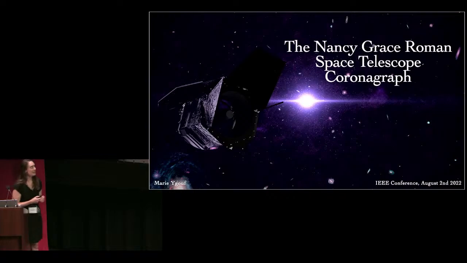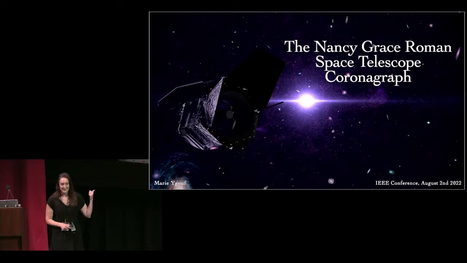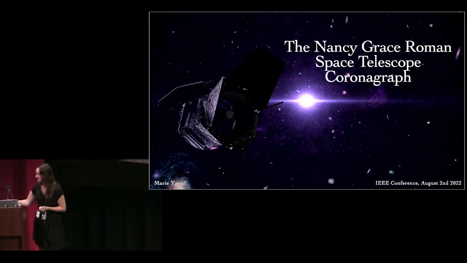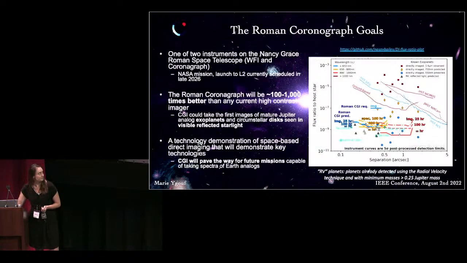So now that we saw the principle of coronagraphy and the main ingredients of coronagraphy, that are the optical component called the coronagraph, the coronagraphic masks, the adaptive optics and reference sensing, and the post-processing, we will chat a little bit about the Nancy Grace Roman Space Telescope coronagraph.